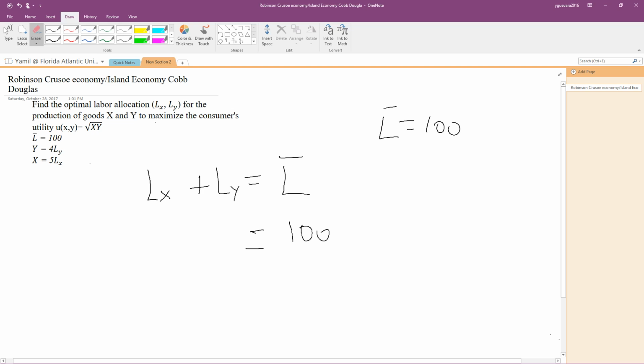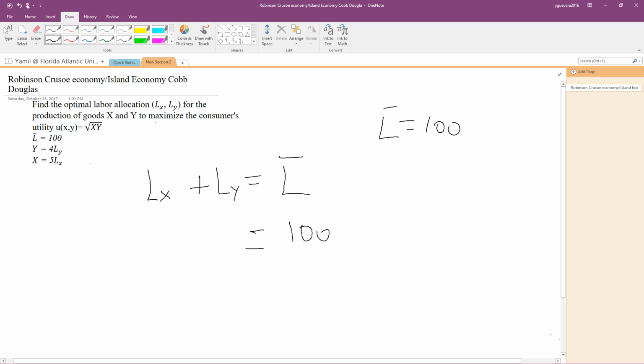Finding Lx and Ly is very simple. We have our production functions here, and we're going to use these production functions to find our Lx and Ly.